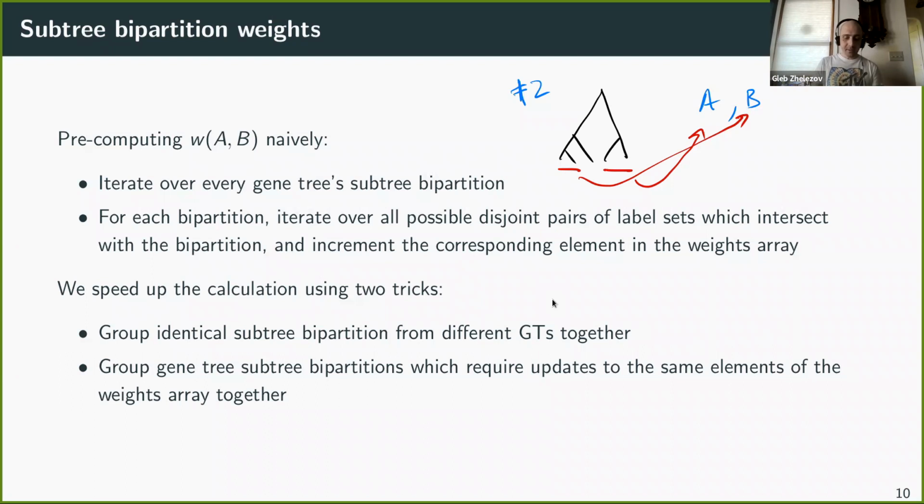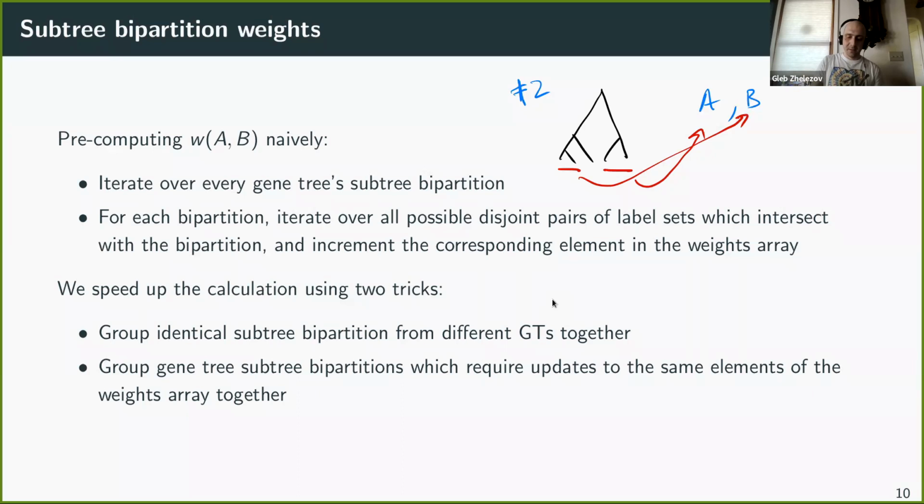Okay, so to do that, we're going to speed up this algorithm in two ways. The first one is we're going to group identical subtree bipartitions from different gene trees together and do the necessary calculations just once. So that makes a lot of sense.